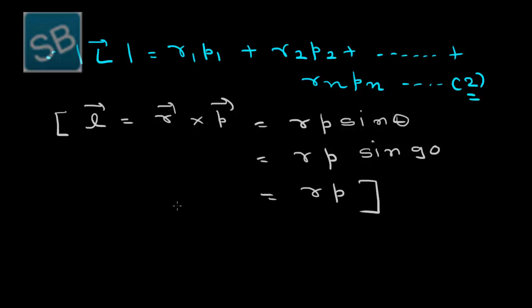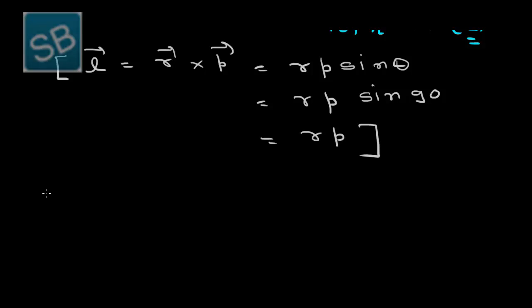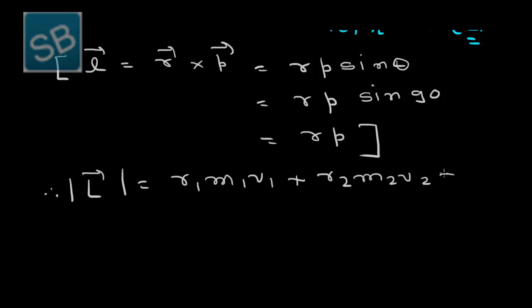Now, substituting the value of P equals mv in equation number 2, we will get modulus of L equals R1 M1 V1 plus R2 M2 V2 plus so on up to Rn Mn Vn, and that is equation number 3.